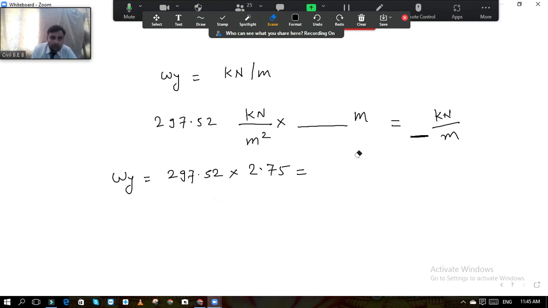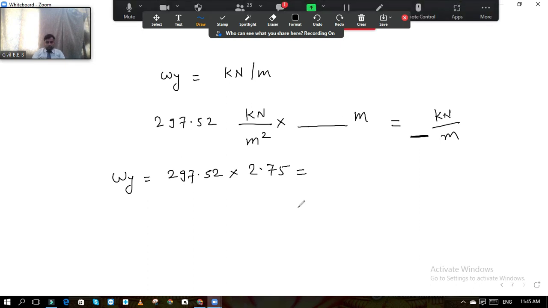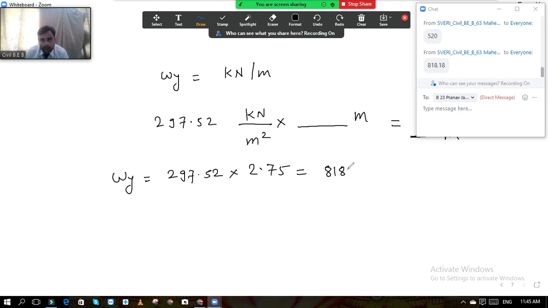What is the answer of this multiplication? 818.18 kilonewton per meter. So this is the WY.